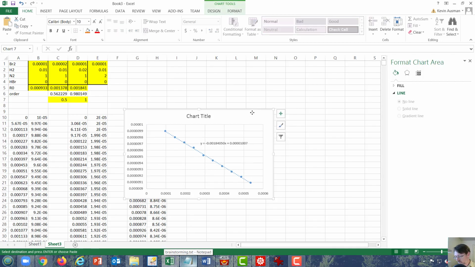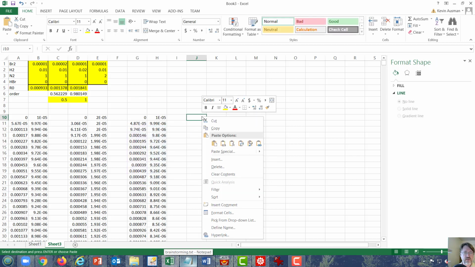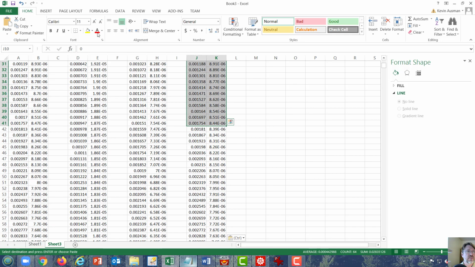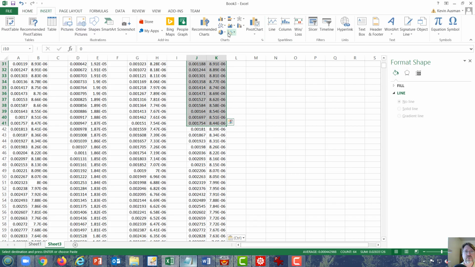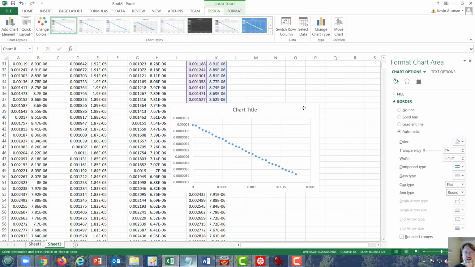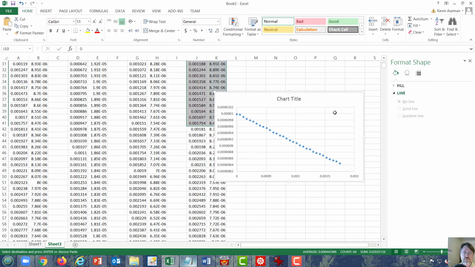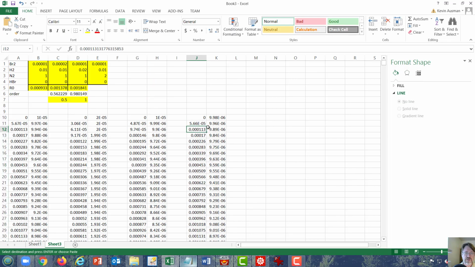Don't need this anymore. Paste numeric. We have those up there. Insert scatter chart. Again, looks like only our first data point is an issue, so I'm going to skip 2 for a margin of error. 1, 2, start there, and go down just a few data points.